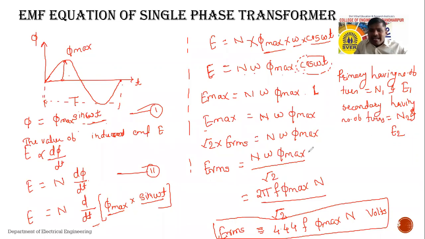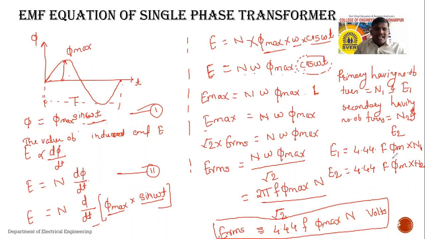So we write the EMF equation: E1 is equal to 4.44 f phi m into N1, and similarly the secondary induced EMF E2 is equal to 4.44 f phi m into N2.